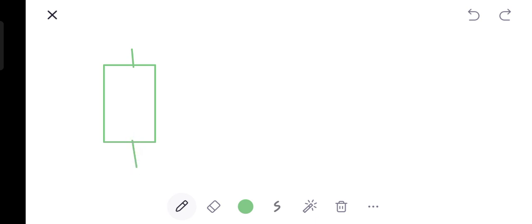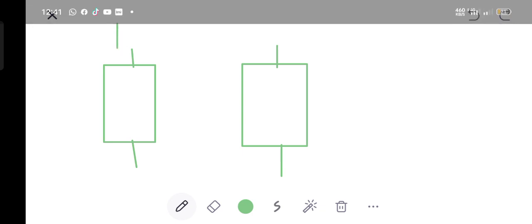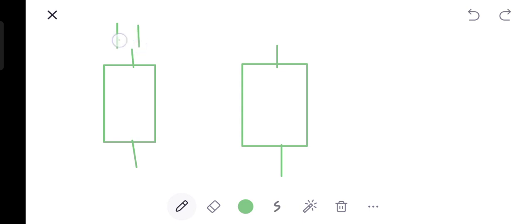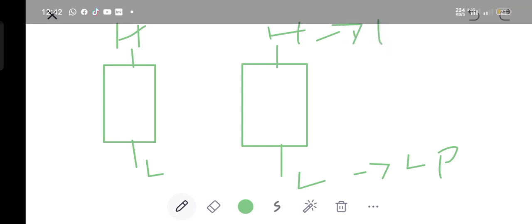These candlesticks are the same, but the difference comes with opening and closing, and the highs and the lows are still the same. The low means low price, LP, and the high means a higher price, HP, right?